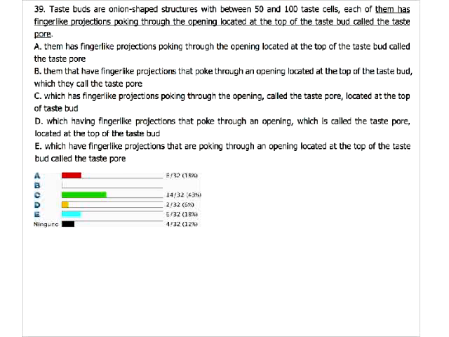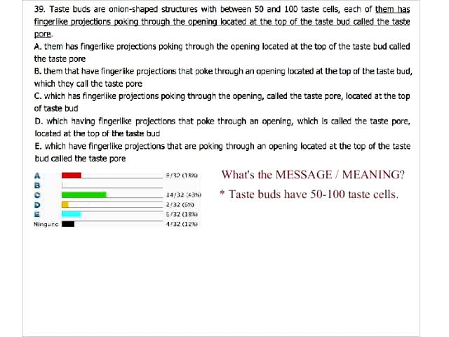The meaning. Taste buds have 50 to 100 taste cells. And then each taste cell has these projections. And the projections poke through an opening at the top of the taste bud.